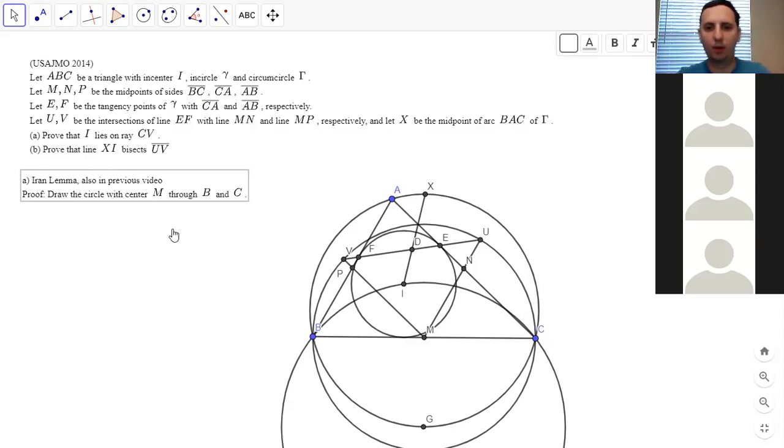So what if I let EF intersect the circle at U prime and V prime? Then U lies on the polar of A, so A lies on the polar of U. So AM, let's see.